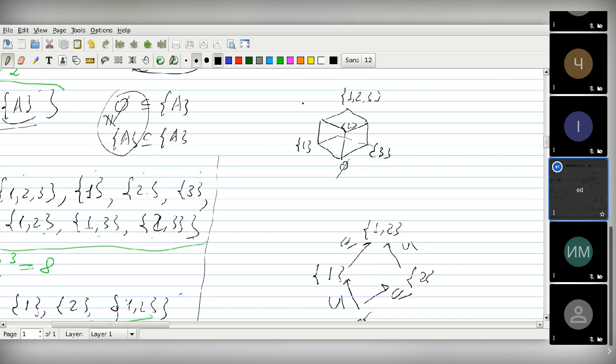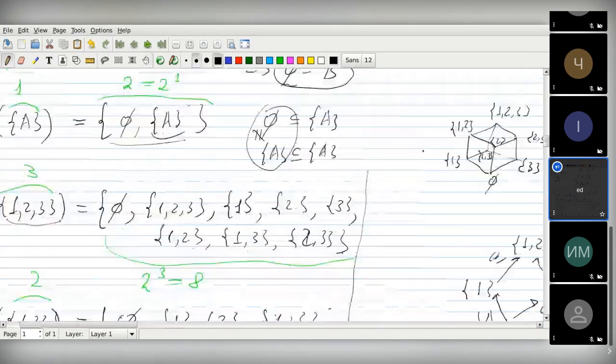Here you have a supersets of these singletons, that is {1, 2}, here {2, 3}, and {1, 3} is behind. So, such a cube. Is the principle clear? Yes. Okay.